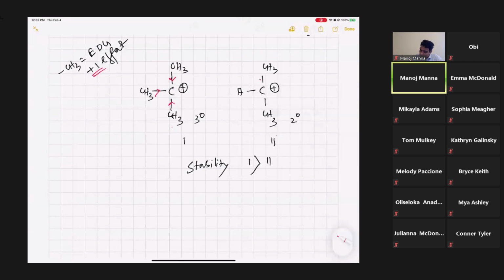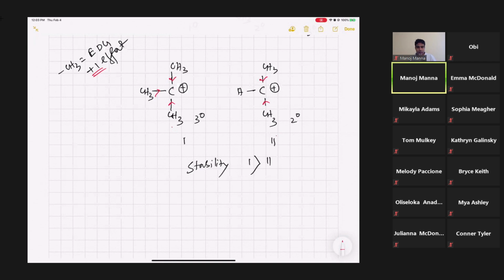But in the left hand side carbocation, 3 methyl groups push electron towards the carbon center, and on the right hand side, 2 methyl groups push electron towards the electron deficient carbon center. Now who is more comfortable? The left hand side, because both are electron deficient, but the left hand side gets more electron density from methyl groups so that it can overcome its deficiency. That's why the stability order is 1 greater than 2.